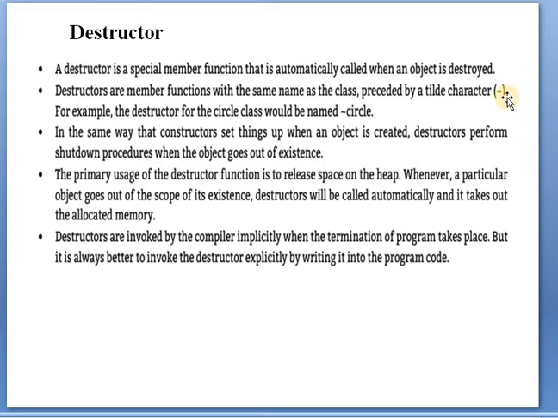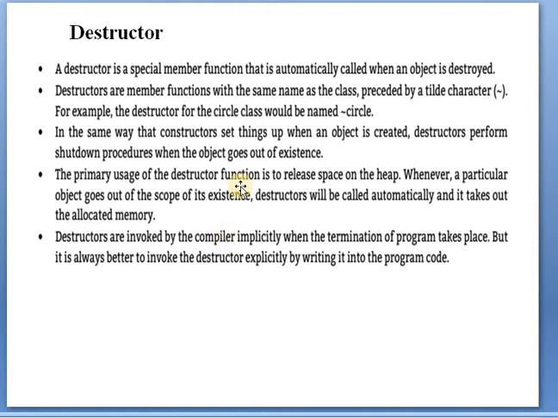This is the tilde operator, which is available above the tab button on the keyboard. So tilde is used to indicate that this is a destructor. For example, the destructor for the circle class would be named tilde circle. So this tilde is written before the class name.